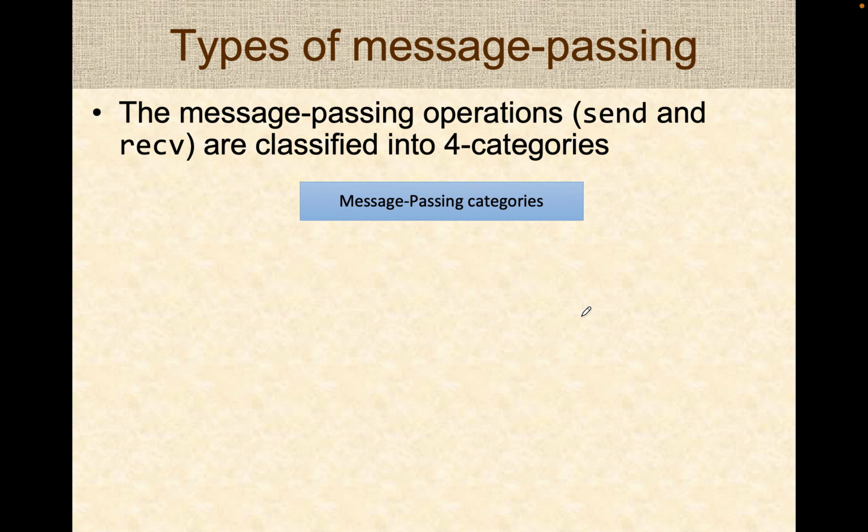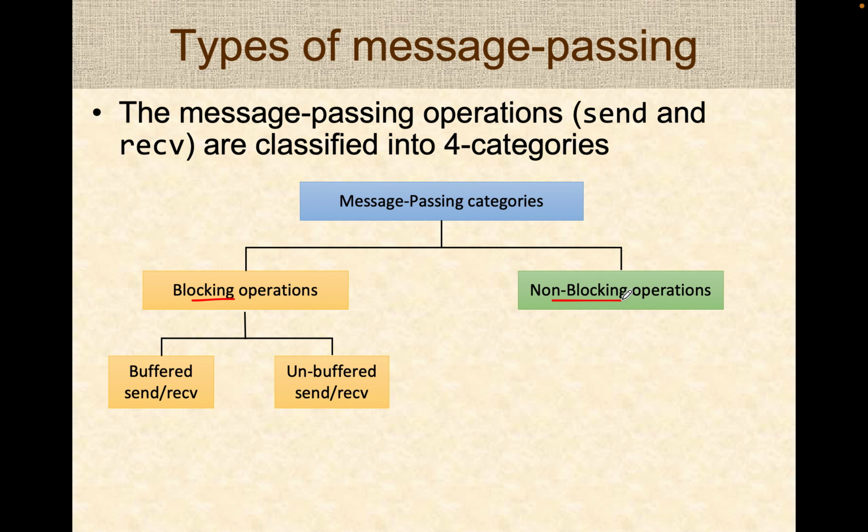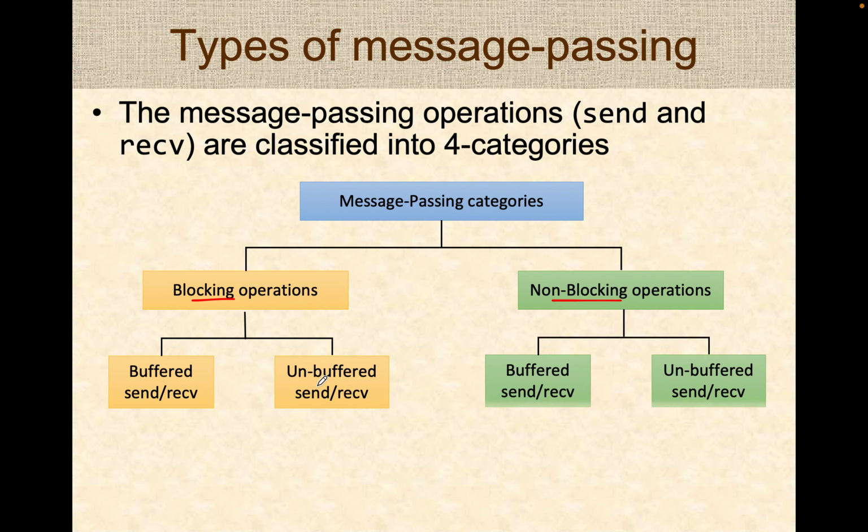So keep in mind, with message passing operations, we're going to look at four key categories: both blocking and non-blocking. We're going to delve into the details of what they mean. And then in each one of these categories, sends and receives can be buffered or unbuffered. So this gives us the four categories that we are going to talk about briefly in this presentation.